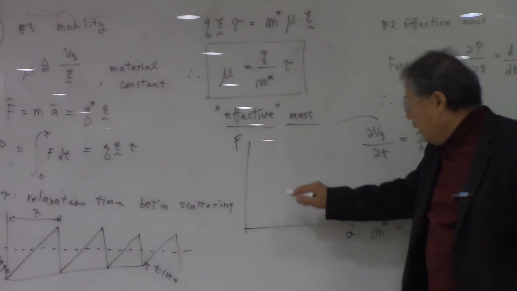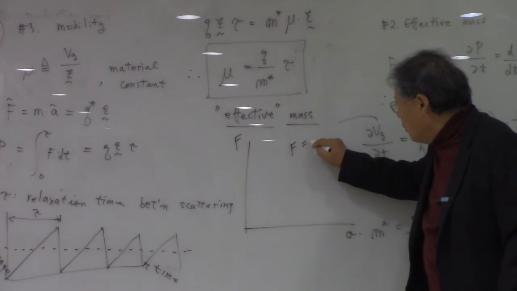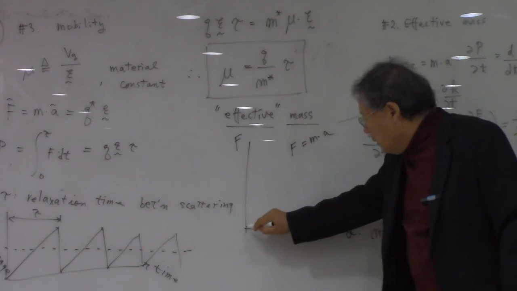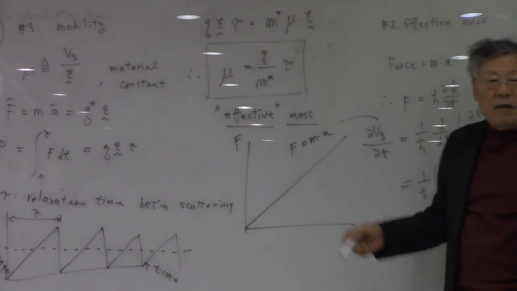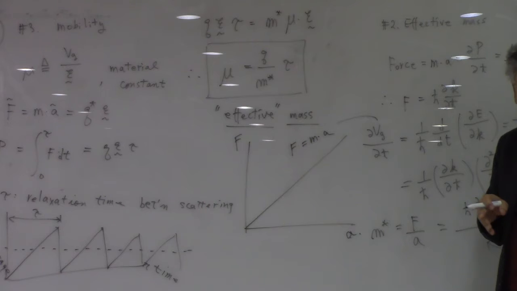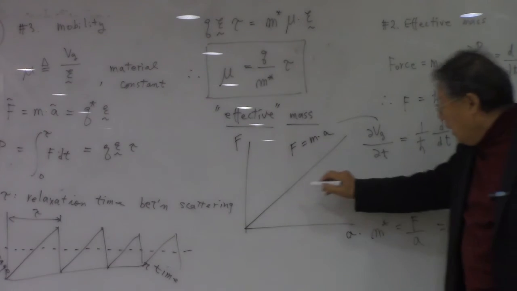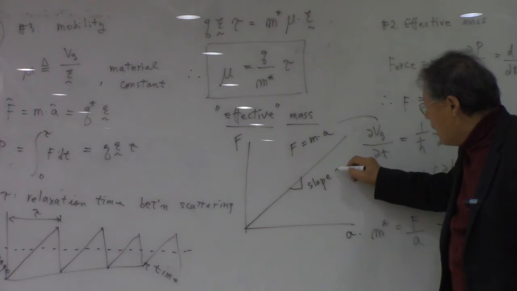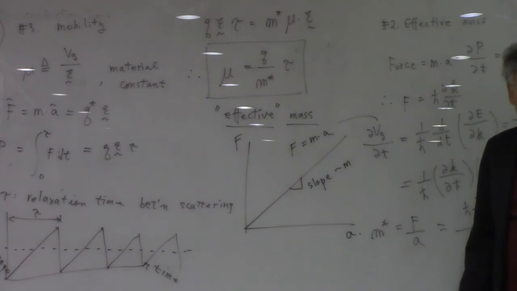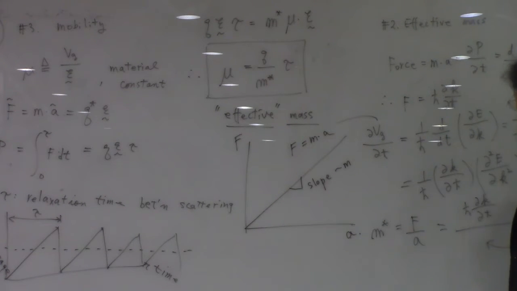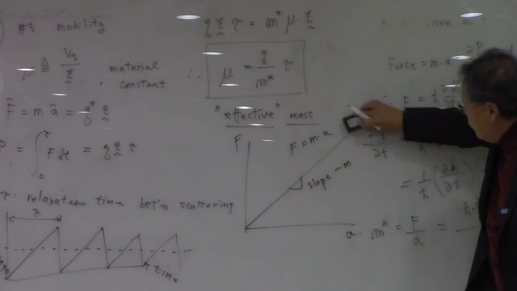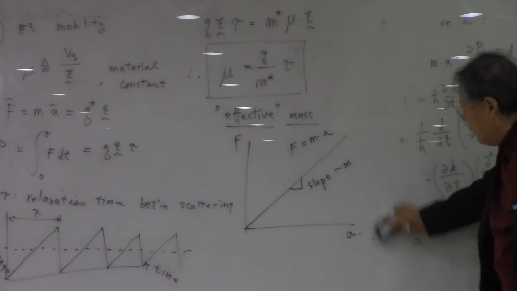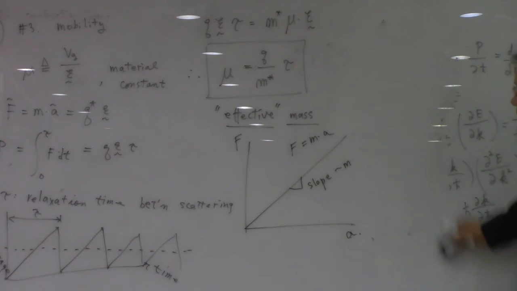By Newtonian mechanics, this has to be a straight line, and this slope corresponds to mass. This way we measure the mass, and we call that effective mass.